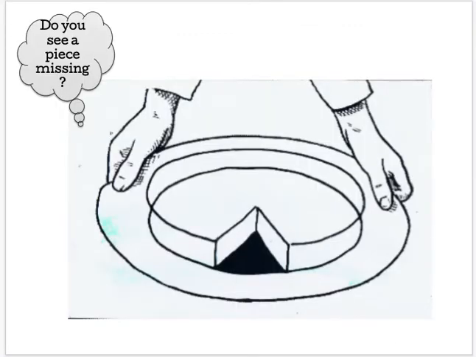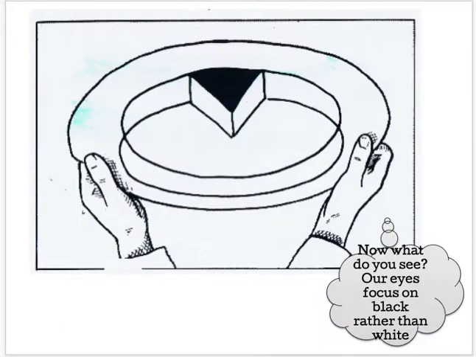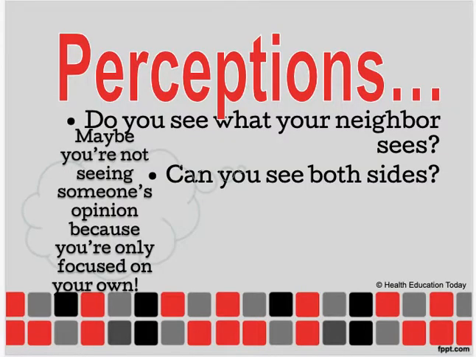Do you see a piece missing? Now what do you see? Is there just one piece missing, or is there only one piece there? Maybe you're not seeing someone's opinion because you're only focused on your own.